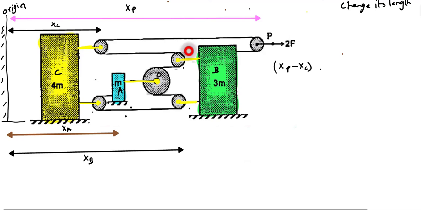Then this length we have to define. This will be xb, and this will be xc. So this length will be xb minus xc.